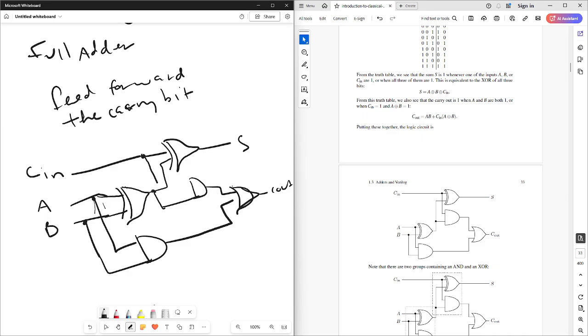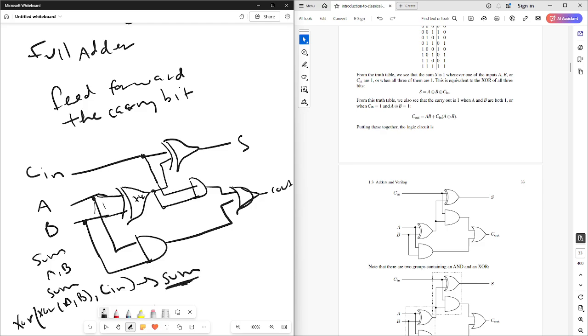Also needs to come down to here, into our AND. So we get the sum of A and B, and then we XOR it again with our CN. And that gives us the sum of whatever step we're on, factoring in this carry in.